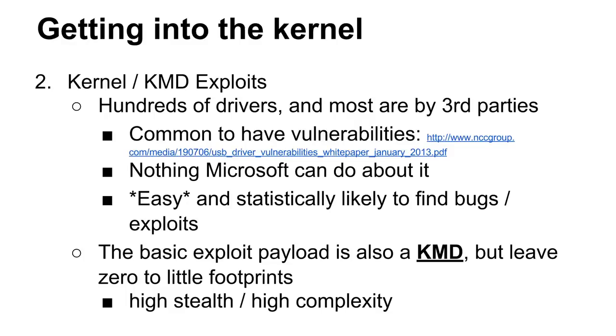The payload for the exploit is essentially another kernel mode driver, and by deploying it in this route, it leaves no logs. It's highly stealthy and also offers high capabilities. High complexity here on the slide is in terms of capabilities. You're allowed a lot of complex capabilities at this level, and this is not uncommon.